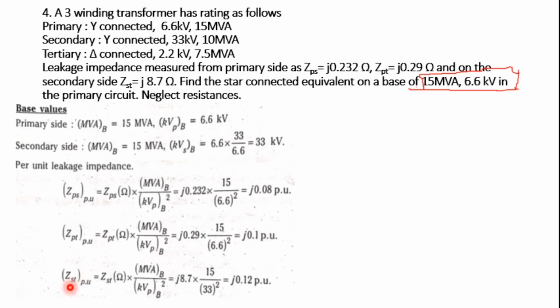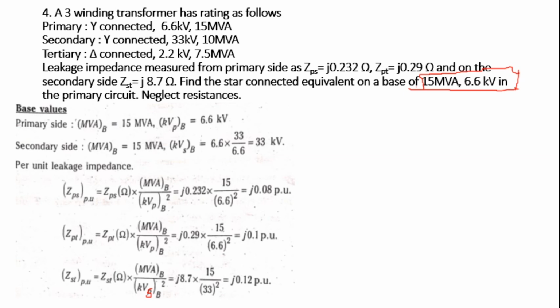Then coming to ZST in per unit, it is equal to ZST in ohm into MVA base divided by kV. This is not the P, this is supposed to be kVs, because we are making it on the secondary circuit. You can think that the secondary is referred to the primary side.